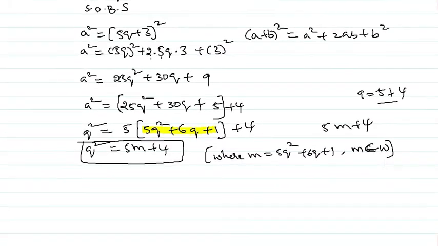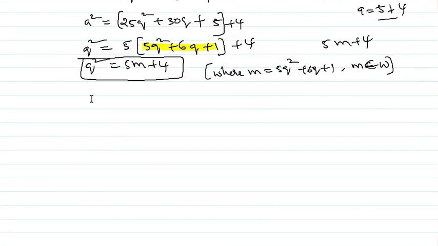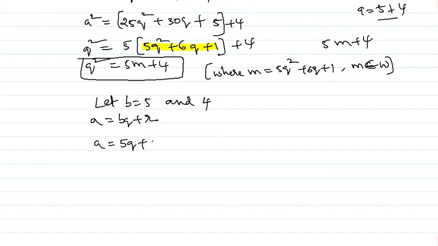Now again take b is equal to 5 again, and let's take r is equal to 4. Now substitute in the division algorithm. So that is a is equal to 5q plus r, where r value is 4. So now again squaring on both sides.